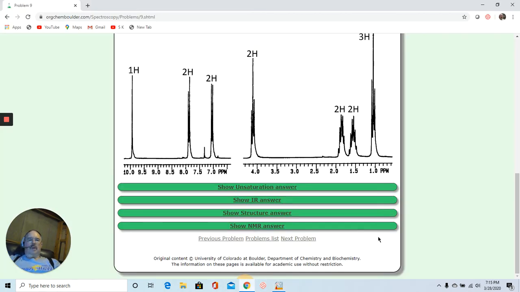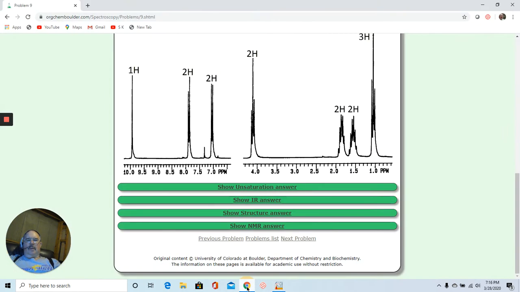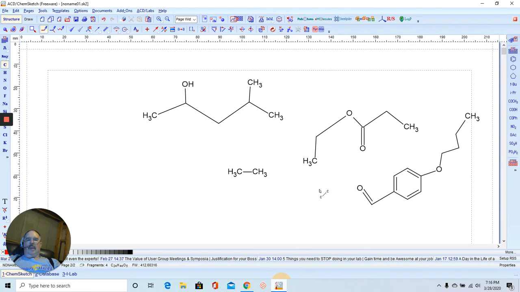If we go back to our structure, this is our methyl on the end. It's a triplet because there's a CH2 next to it. This would be the CH2 next to the oxygen. It is also a triplet, because there are 2 adjacent. The only way we could have this doublet would be a para-disubstituted ring.